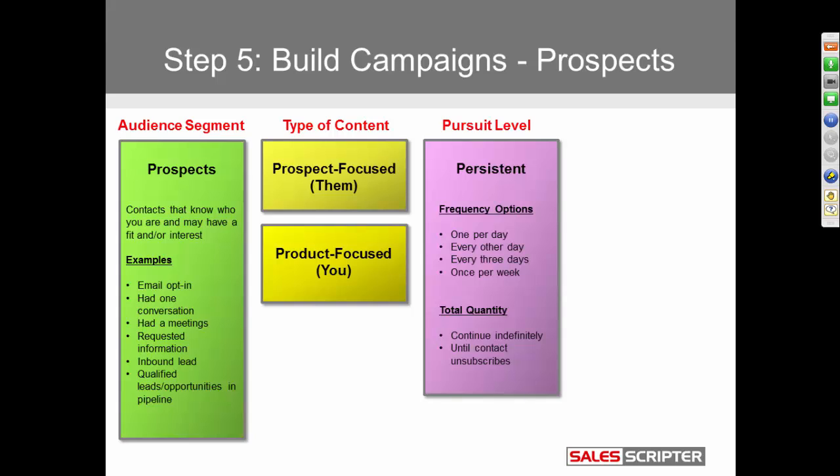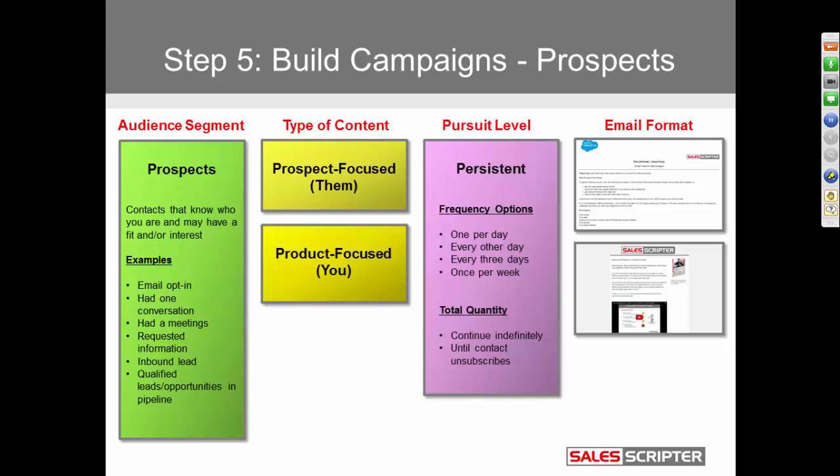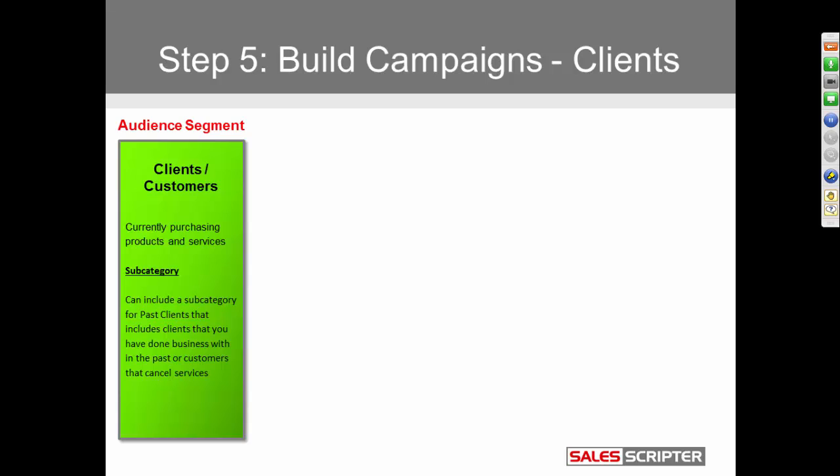But you're going to get a lot of emails, and the reason why is we can be persistent with you because you're a prospect of ours. We can treat you differently than somebody who is on a list who doesn't know who we are. The format, I can hit you with both. I can either send you some plain text, or I can send you HTML type of marketing content, either both or a mix, that's kind of up to your choice.